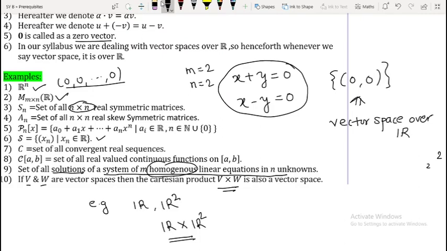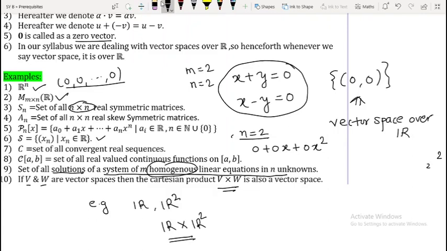For the fifth example, it is going to be the 0 polynomial. 0 polynomial in the sense that if you are having n equal to 2, it is going to be 0 plus 0x plus 0x square. That will be our 0 vector. The sixth one is left, right?